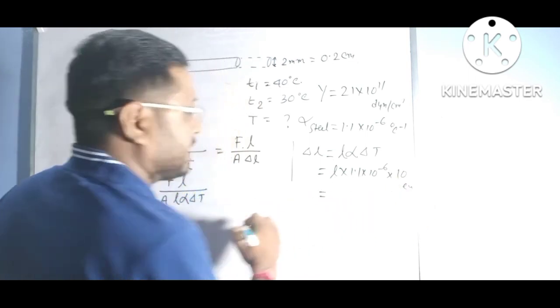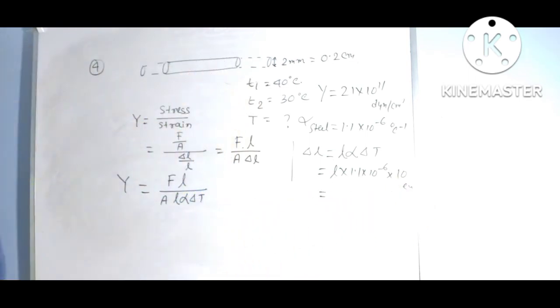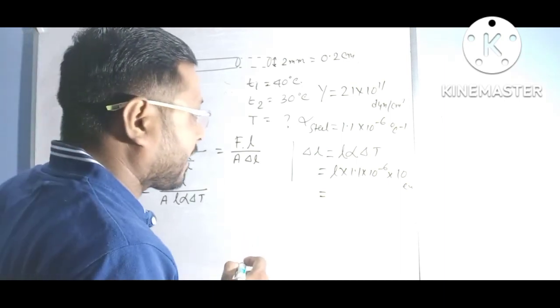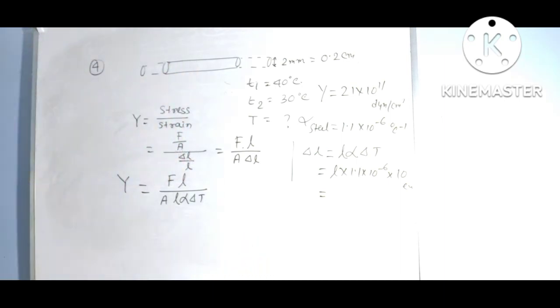Then we can get 1.1 into 10 to the power minus 5. The value of alpha is given as 1.1 into 10 to the power minus 6.